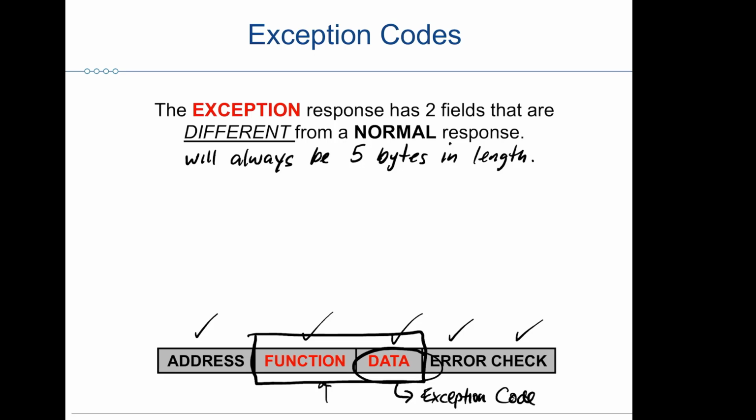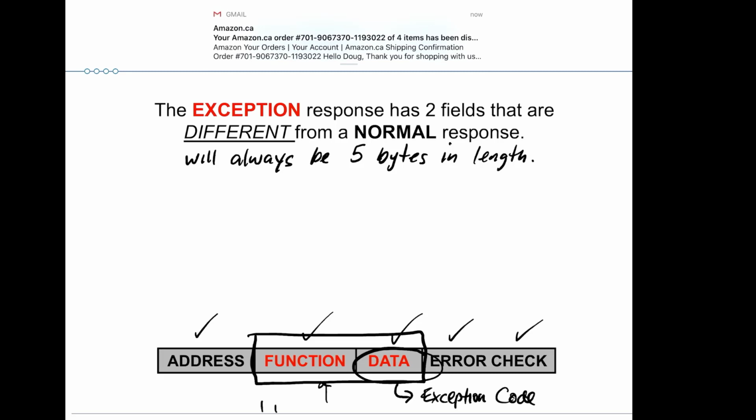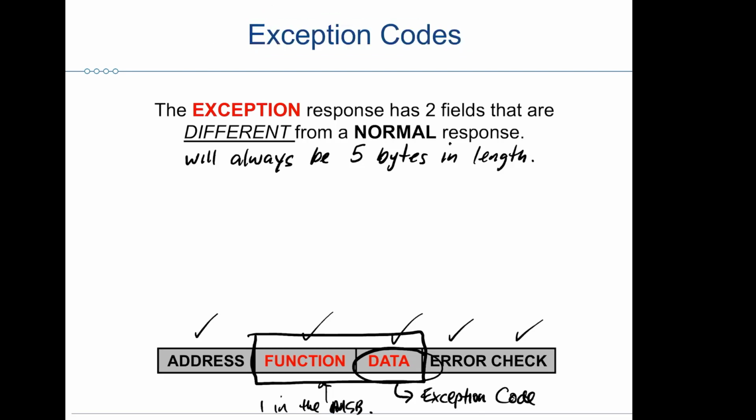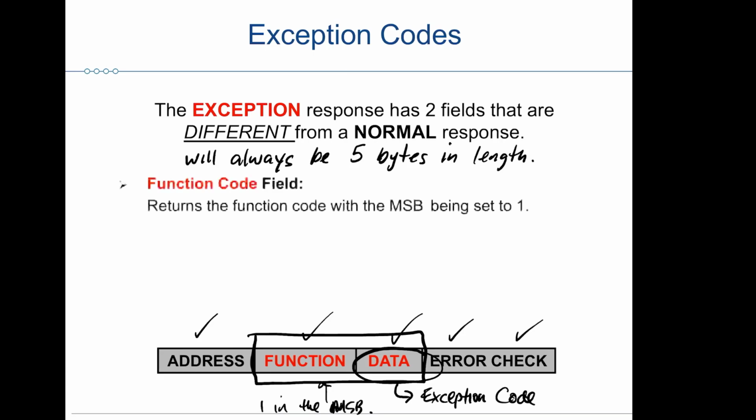What's in the function field? An echoed back function code, but with a 1 in the most significant bit, the MSB. So the function code field returns the function code with the MSB set to 1.